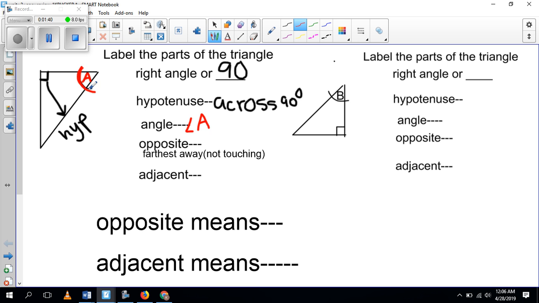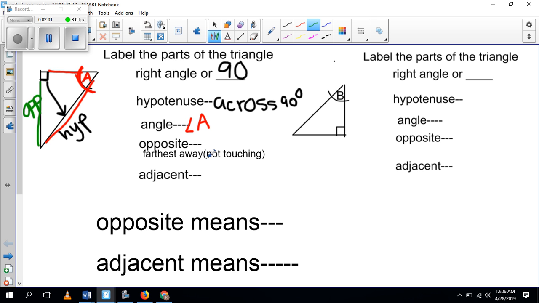This line is touching it, and this line is touching it. We know this one couldn't be it because it's the hypotenuse. So the only one not touching it is this green line I'm forming here. That would be my opposite side.